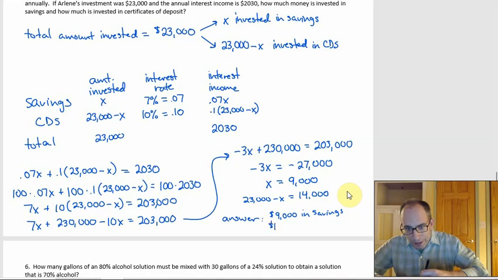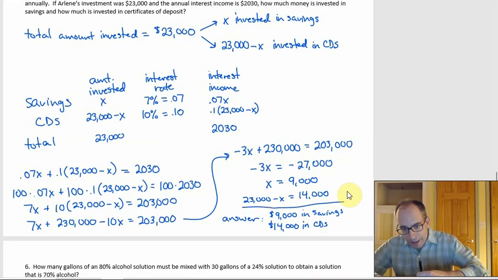There we go. 14,000 in CDs. And that looks like it should work.